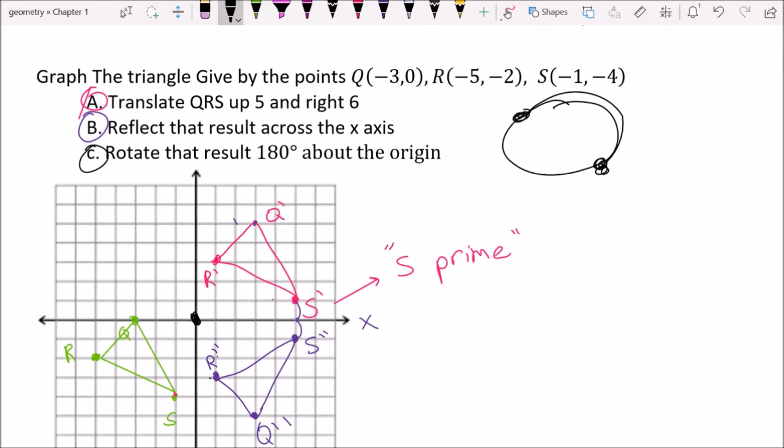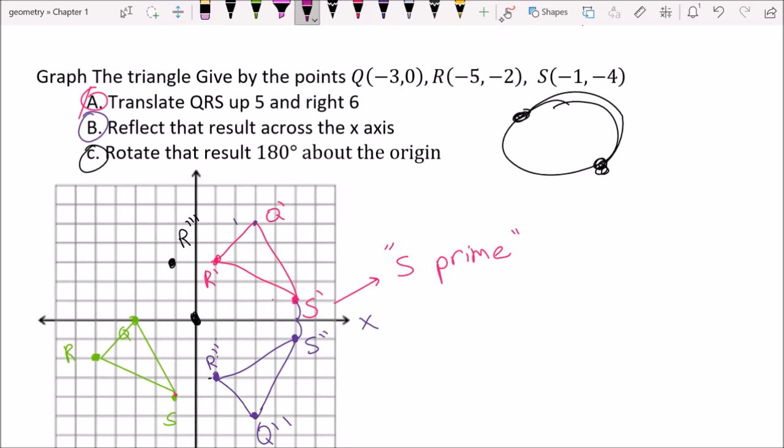So this point rotates around, so R prime rotates like this, almost like it's going around a circle. And so our R triple prime ends up here. And what about S? S ends up out here.